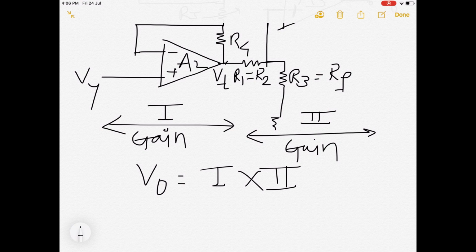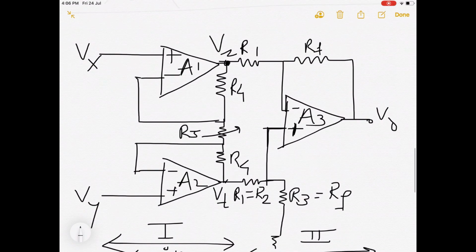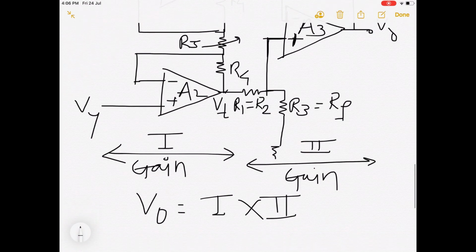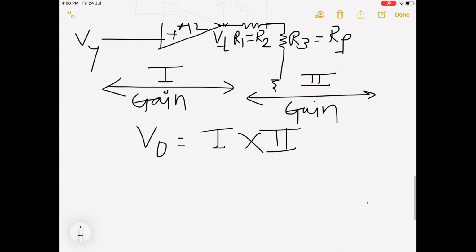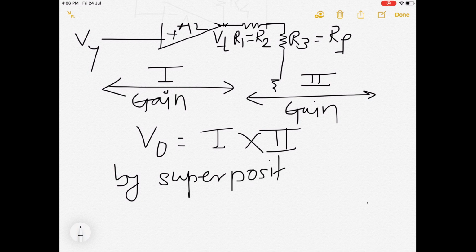To begin with the derivation, consider the first stage: here A1, A2 are treated as two separate differential amplifiers. Okay. So, the output voltages Vz and Vt for these two op amps A1 and A2 can be found by applying the superposition theorem.